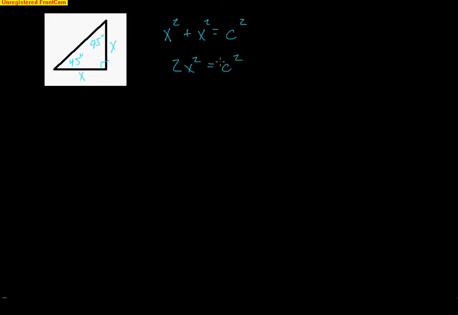If I take the square root of both sides, then the hypotenuse is x radical 2. Once again, the 2 is still in the square root, but the x squared can come out as a plain old x. So in this type of triangle, we get this ratio where our two legs are the same, and our hypotenuse is x times radical 2.